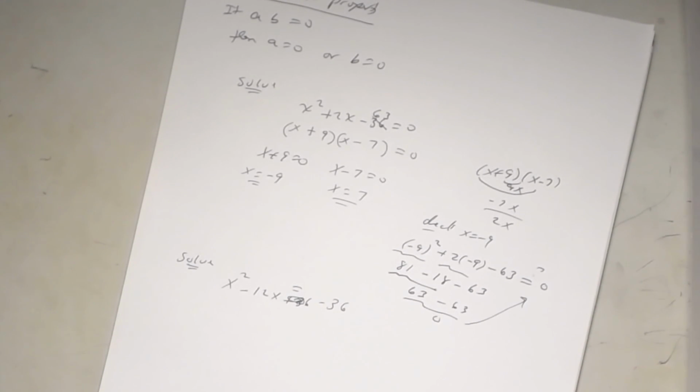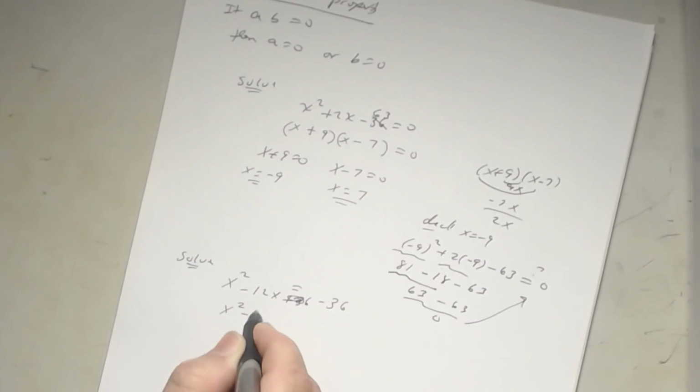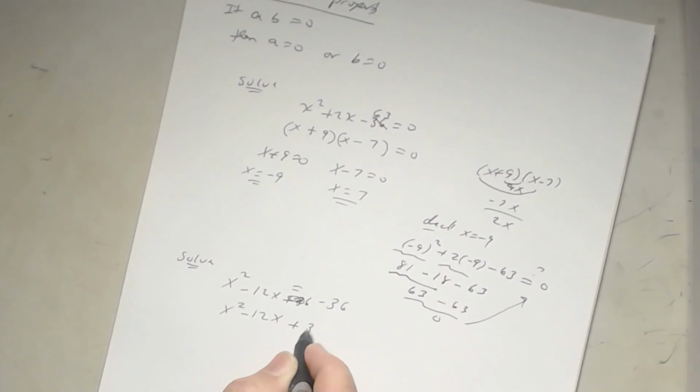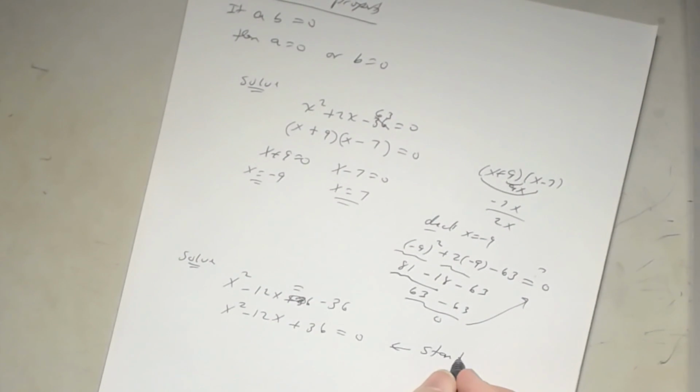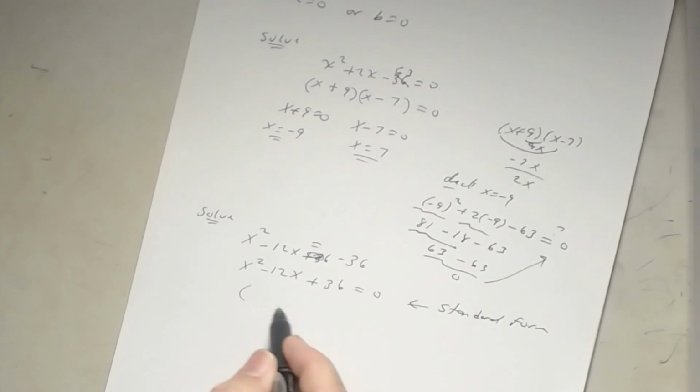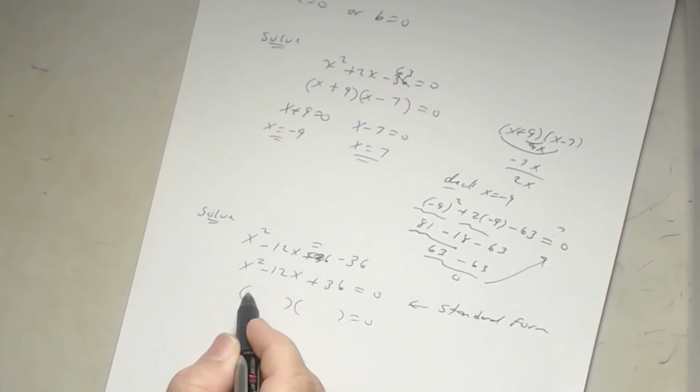Standard form. Is this in standard form? No. So you add 36 to both sides, and it's equal to 0. So x squared minus 12x plus 36 equals 0. You have to put this in standard form: descending order equal to 0. What's the next step? Factor.